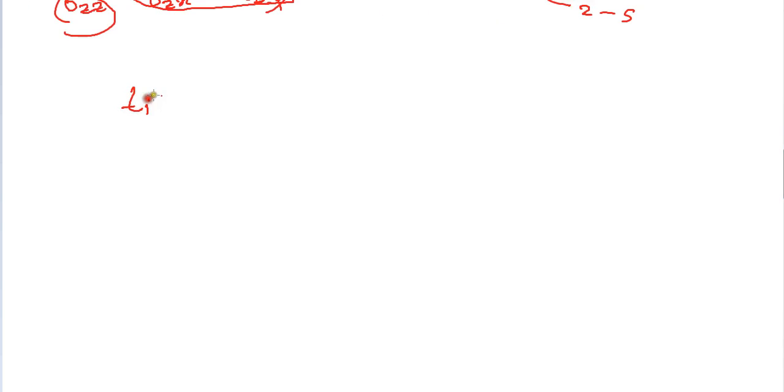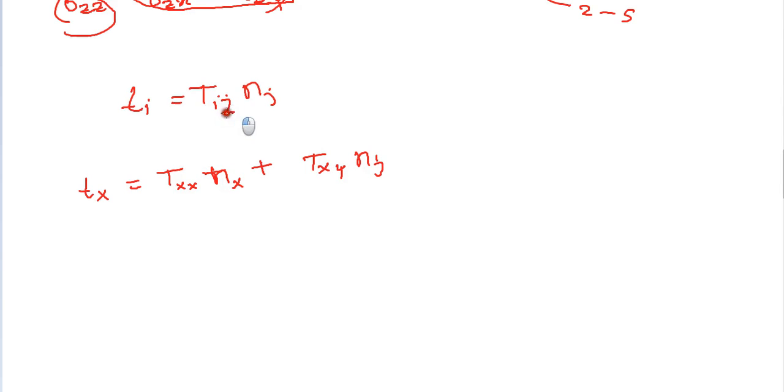So we can write down this stress notation, or stress vector component, like this: t_i equal to tau_ij n_j. If it's x, then we can write t_xx times n_x plus t_xy times n_y, because the second index should correspond to the outer normal vector projection, plus t_xz and n_z.